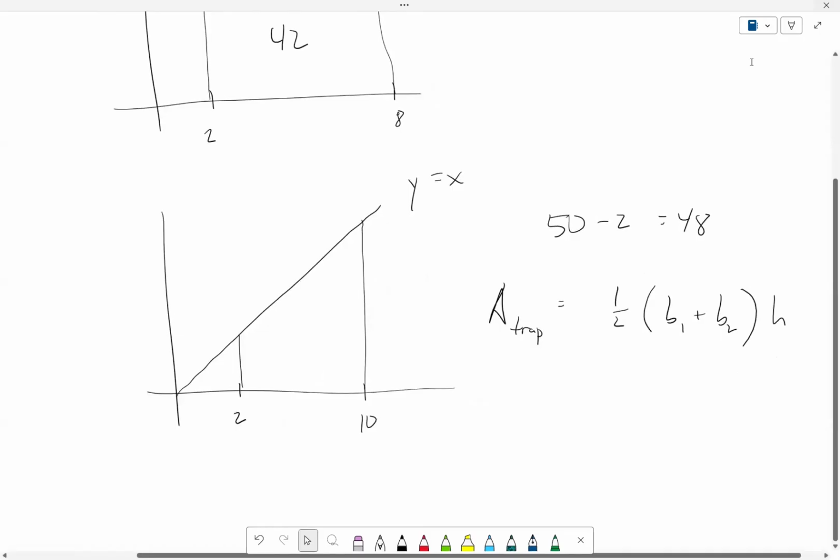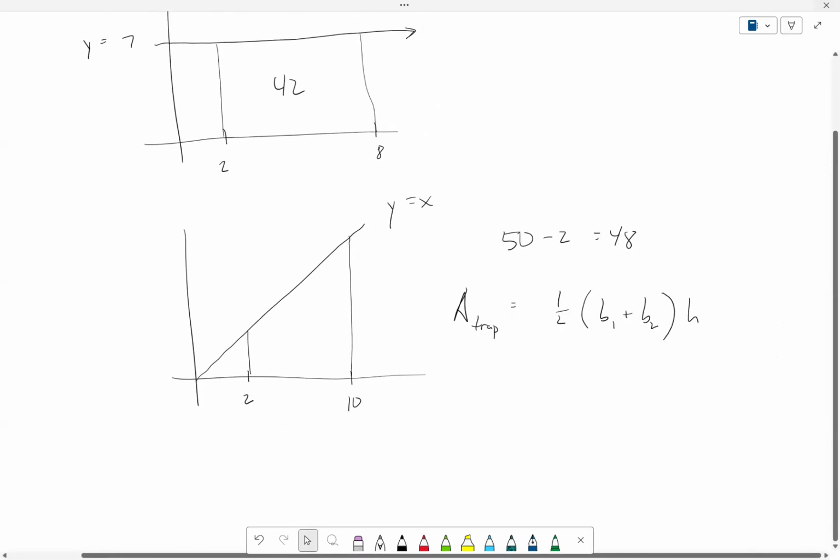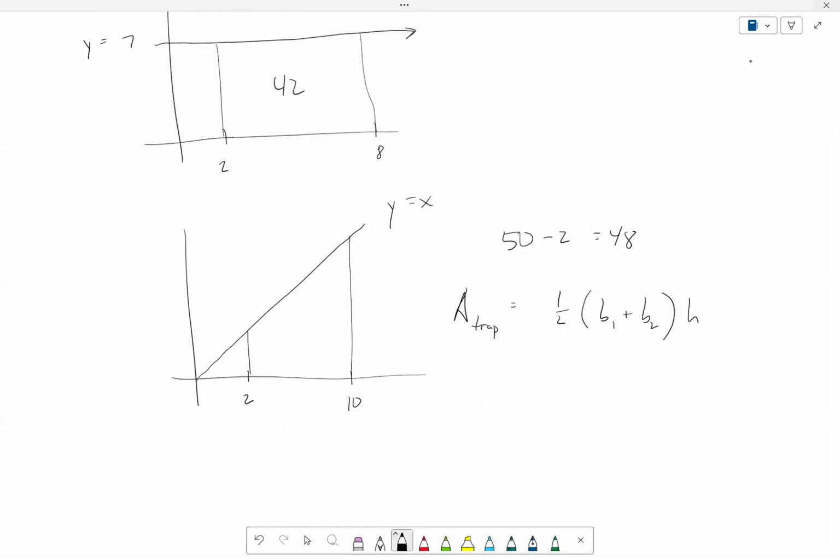Does this look familiar? Can we show what the bases look like right now, in the orientation of this? How do you know they're vertical? Bases are always parallel. And so those are definitely, it's like a trapezoid standing up on its side. Okay, so we can either do one-half base 1 plus base 2 times the height, or we could think about it as m times h.